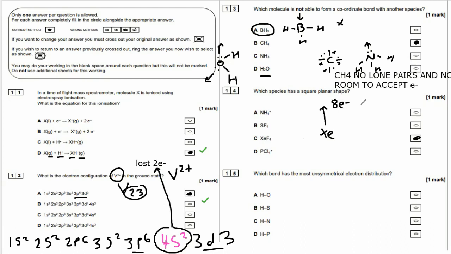You add that to the 4 bonds, the F4, you divide by 2, it's 6 pairs of electrons, and you need to know this shape off by heart. When you have 6 pairs of electrons and only 4 bonds, it means you've got 2 lone pairs, one above, one below, and then you have a square planar shape around the outside. So square planar it is.